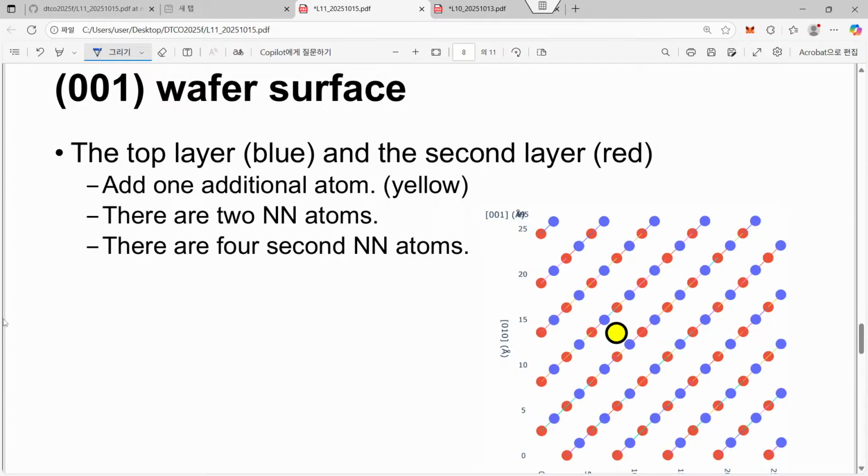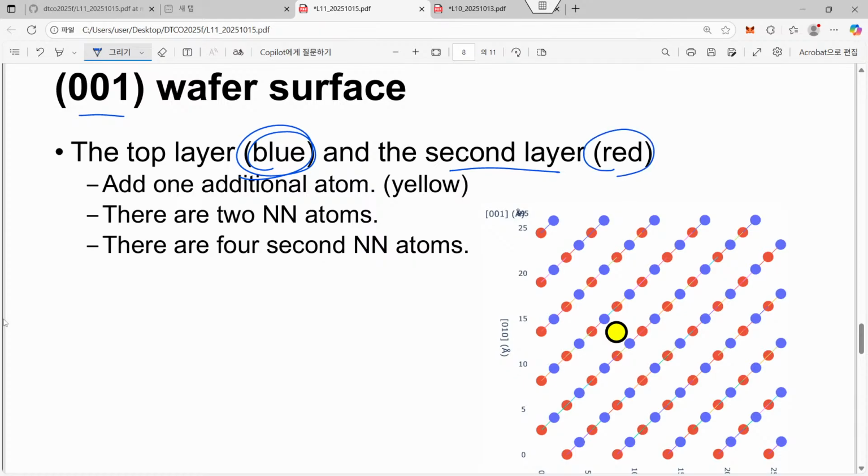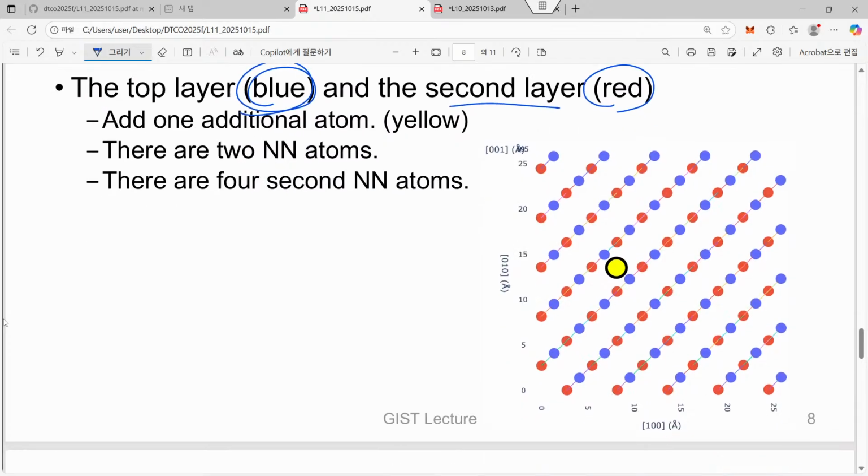Yes, they are also all equivalent silicon atoms, but in this case the blue atoms correspond to the top layer of our 001 wafer surface. The second layer, just beneath this blue layer, has atoms represented with red dots.